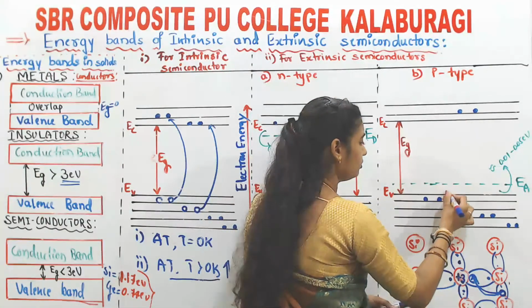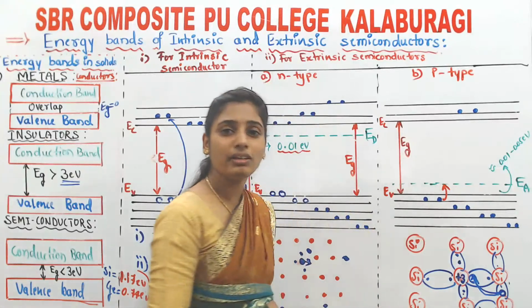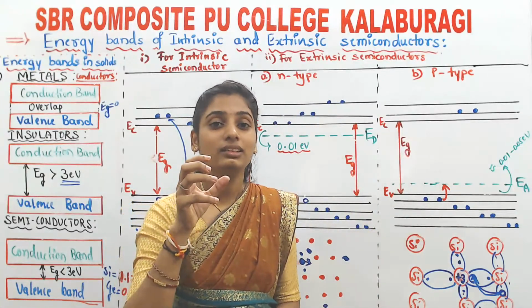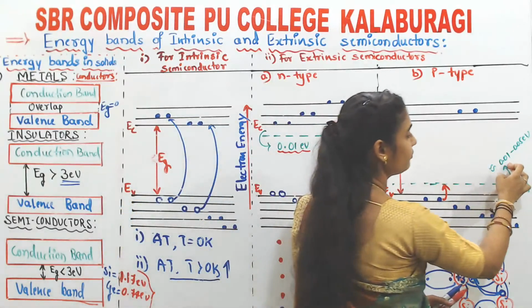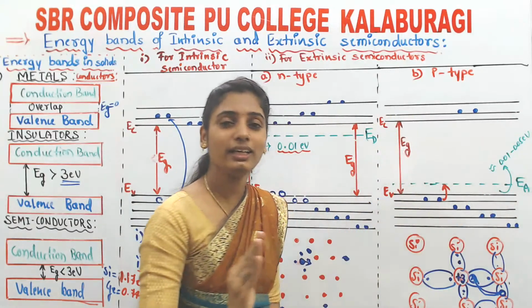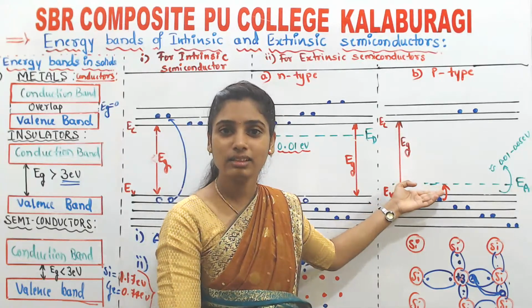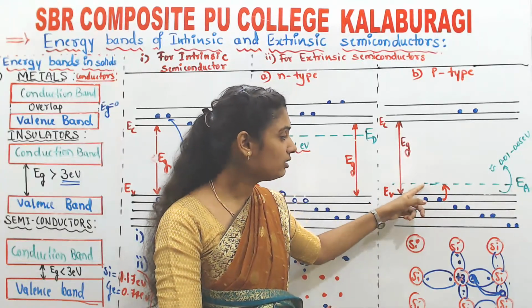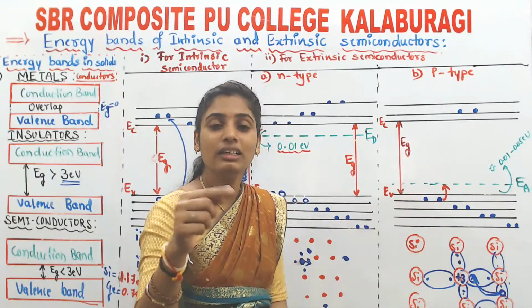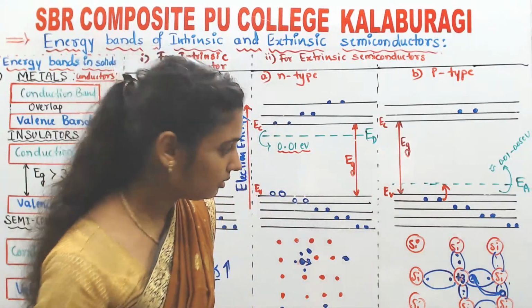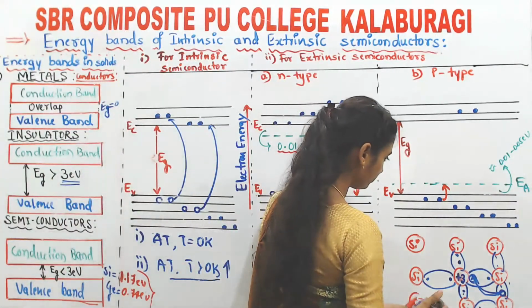These valence electrons will be jumping to the acceptor level when an energy of 0.01 to 0.05 electron volt is given to the valence electrons. They will be jumping to the acceptor levels, and thereby when they jump to the acceptor levels, there will be creation of holes in the valence band. You can see like this.